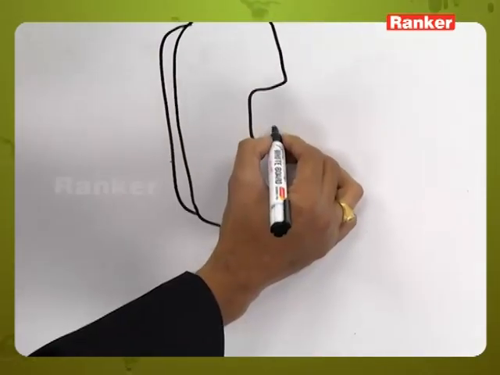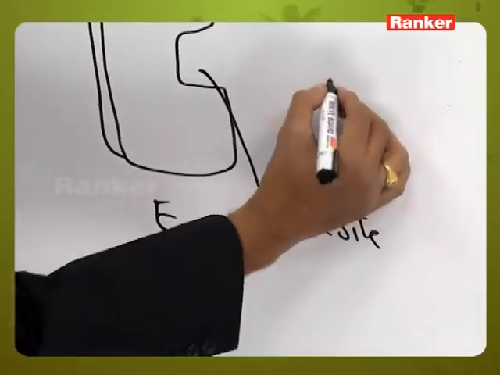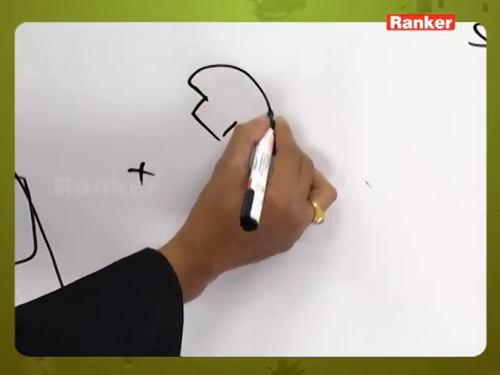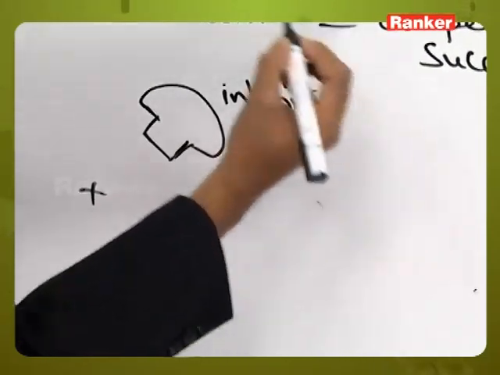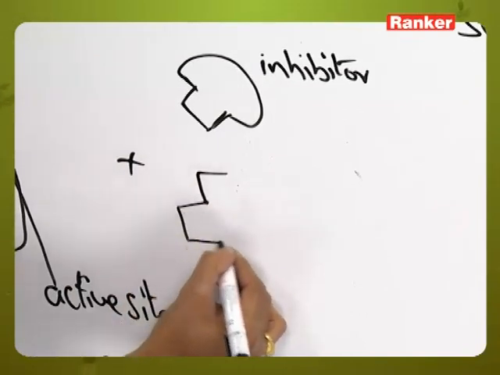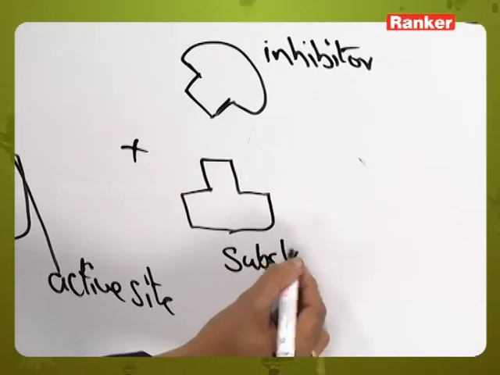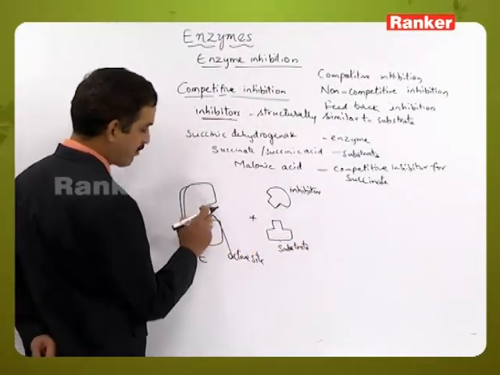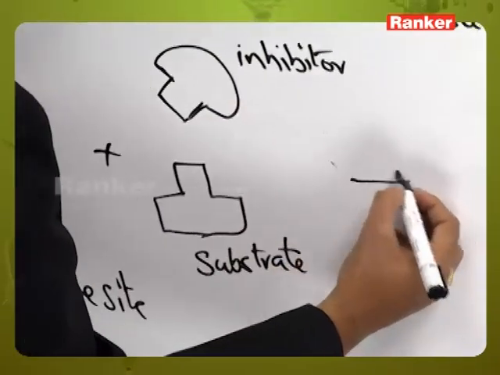and this is the active site present on the enzyme molecule. Here this is the structure of the inhibitor, that is malonic acid, and this is the structure of the actual substrate, that is the succinate molecule. Before the substrate comes and occupies the active site, the inhibitor will come and occupy the active site.